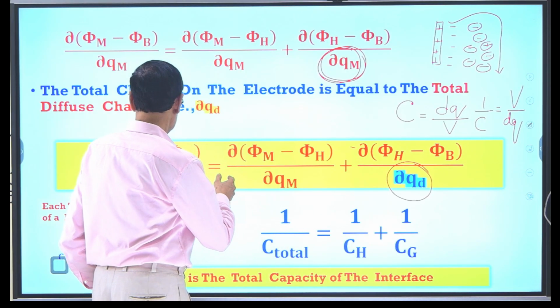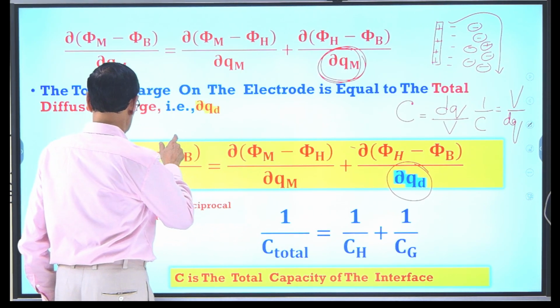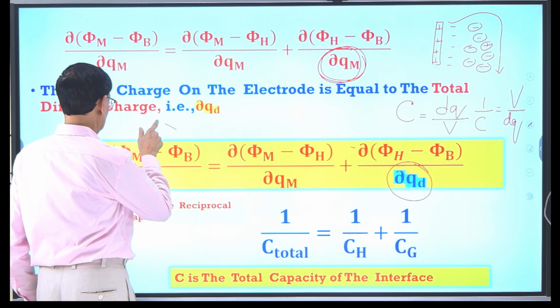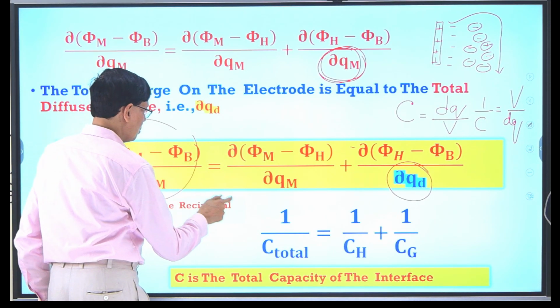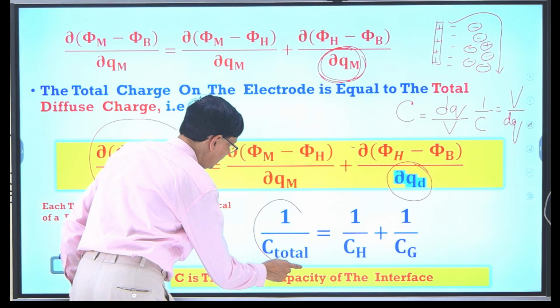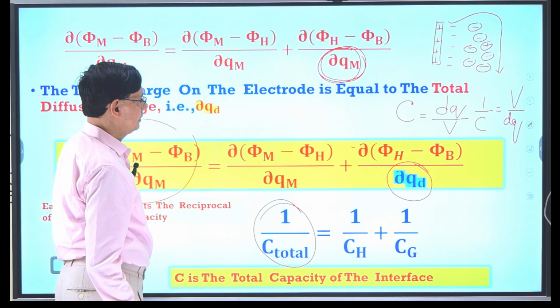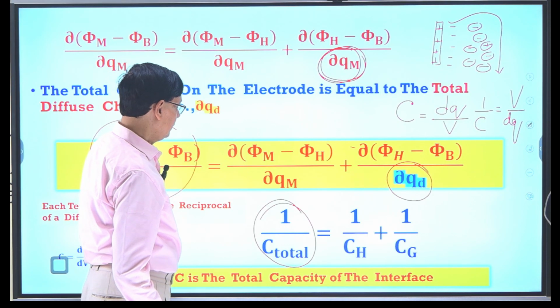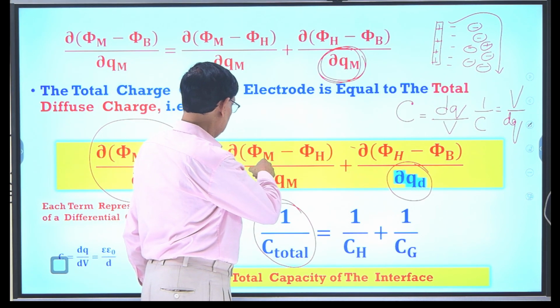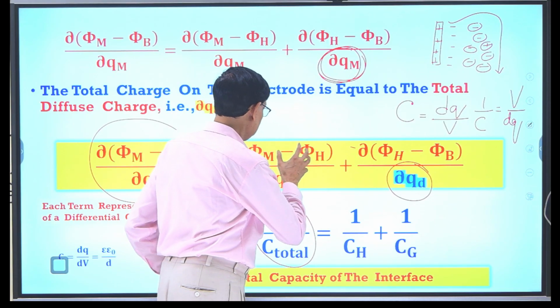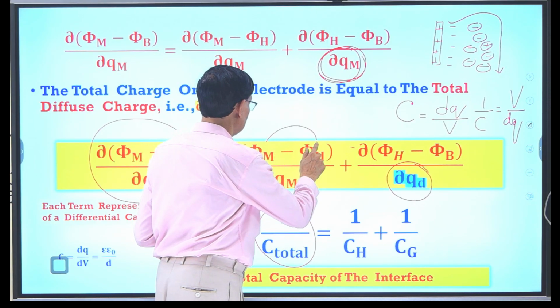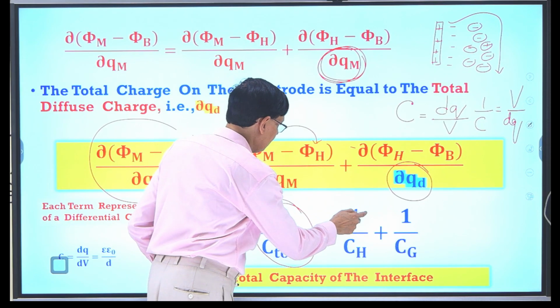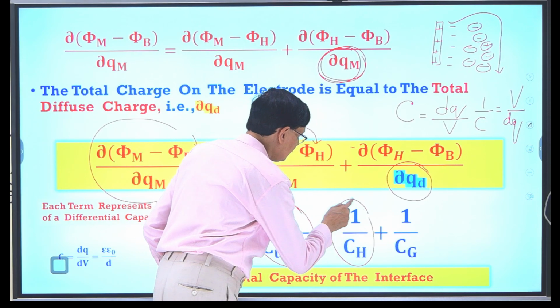So therefore, I just replace this. This will be 1 divided by total C. Then 1 divided, this is for metal to Helmholtz compact layer, so 1 by CH.